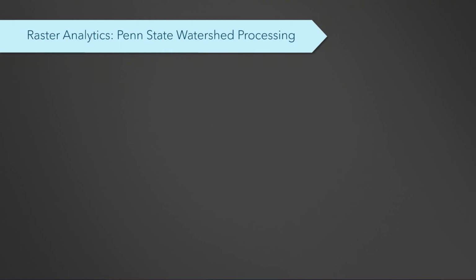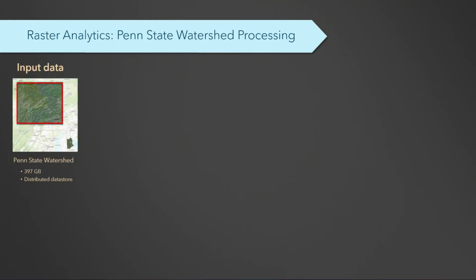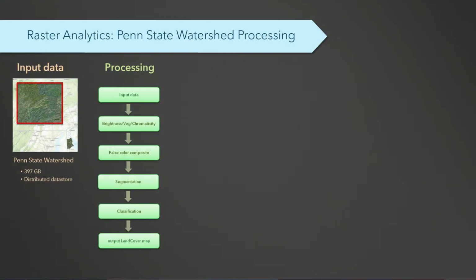So here's an interesting use case with an interesting set of times. Now, let me tell you, this process took me days using the traditional desktop image processing approach. My input data is the entire Penn State watershed area. It's approximately 400 gigabytes and 100 billion pixels of data. There's an intensive amount of processing, multiple derived data sets.